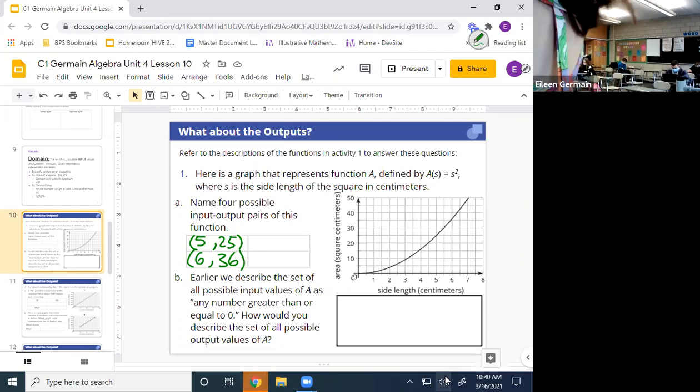Now let's think about it as function notation. Let me write it with the name, so it's A of some value, your S, is equal to whatever your output is. How could we write another input-output pair in function notation? A of, what's an input that we could choose?